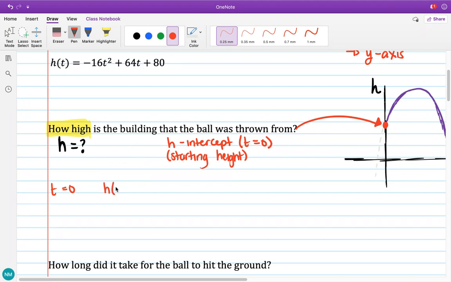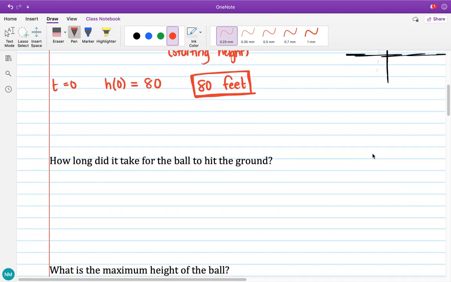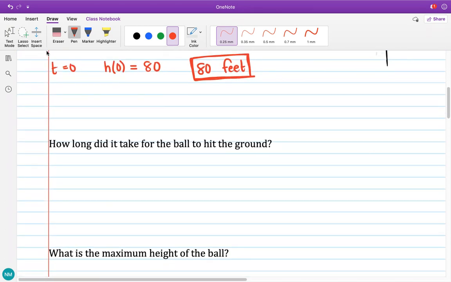So h of 0 is equal to 80. So how high was the building that the ball was thrown off of? 80 feet. I mean, 80 feet's not that illogical, but it kind of is. The building was 80 feet. Next, how long did it take the ball to hit the ground?